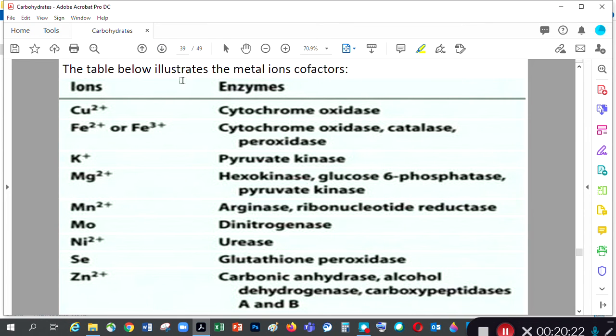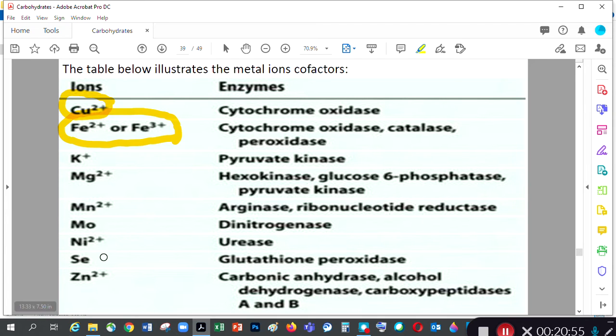And here is just a table showing you what type of enzyme and what cofactor is used, which metal ion is used. I'm not covering all of them, just selected ones. For example, copper 2: the enzyme is cytochrome oxidase. Iron 2 and iron 3: cytochrome oxidase, catalase, peroxidase.